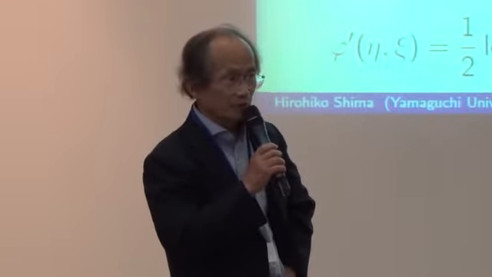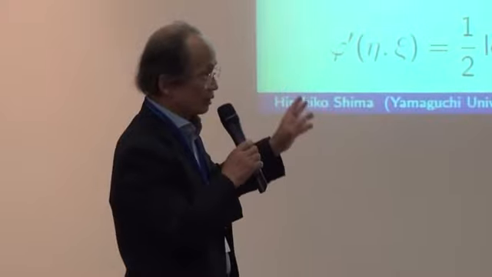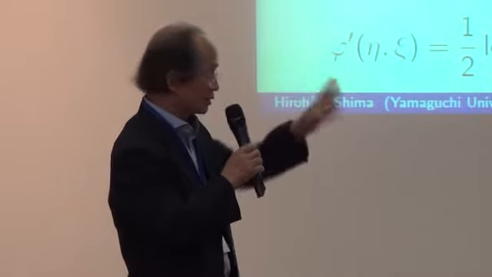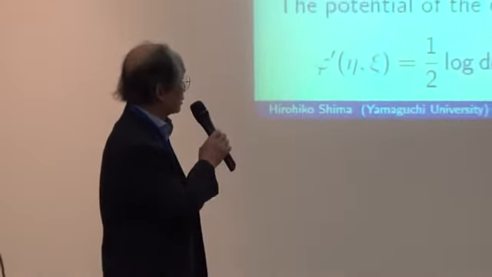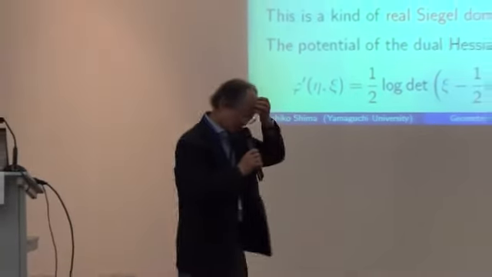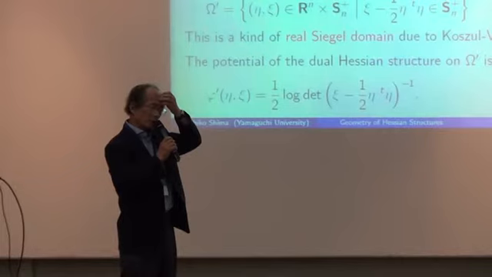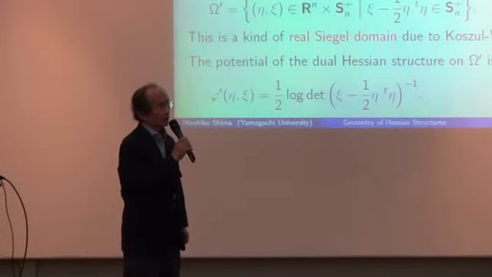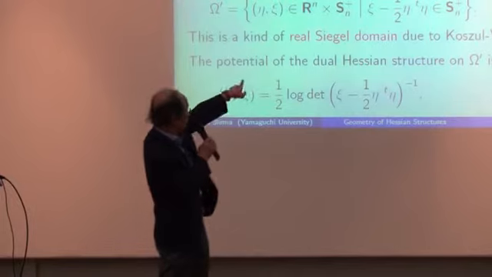And Professor Koszul and Vinberg transferred the notion of Siegel domain to the real case. And Professor Koszul realized homogeneous convex domains, regular convex domains, as real Siegel domains of such a form.